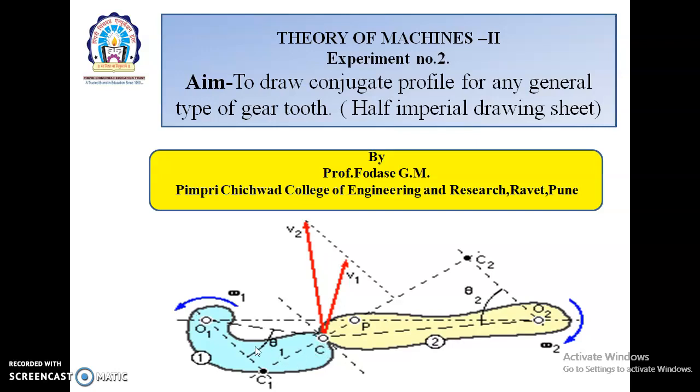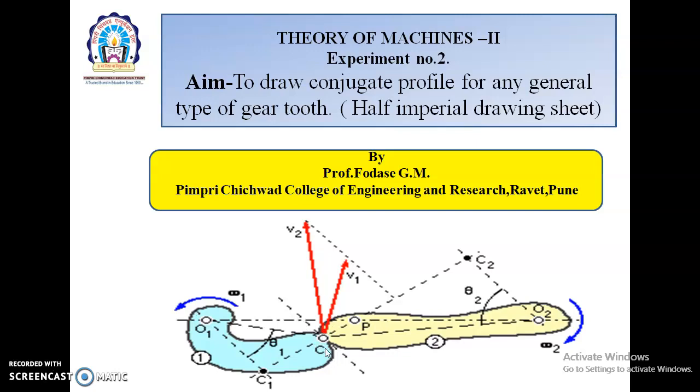When gear tooth profile 1 rotates anticlockwise, the velocity of the point of contact C, when it is assumed on gear 1, is v1, while the velocity of the point of contact C, when it is assumed to be on gear 2, is v2. Once v1 and v2 are found, we can find the sliding velocity.